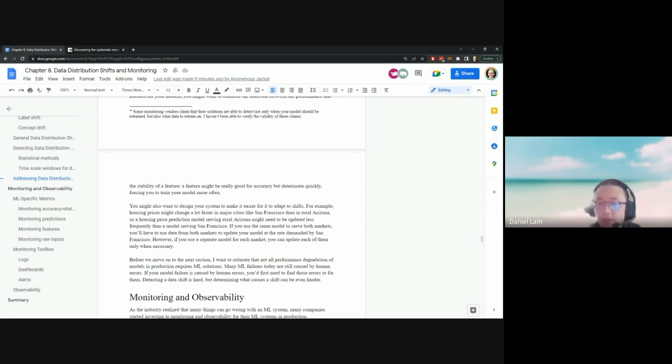If you use one model to do both San Francisco and Arizona, you might have to update the model at the faster rate, which would be San Francisco. Whereas there's this suggestion to use two separate models so you can update them independently. I thought that was a pretty good idea, at least to think about.